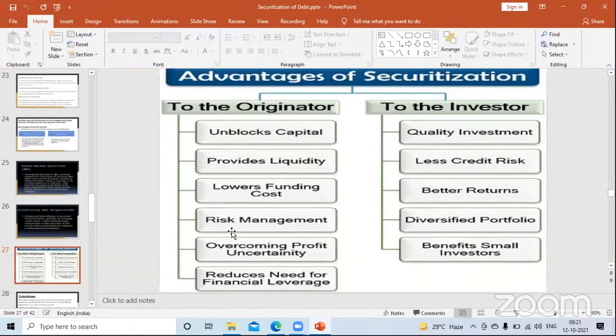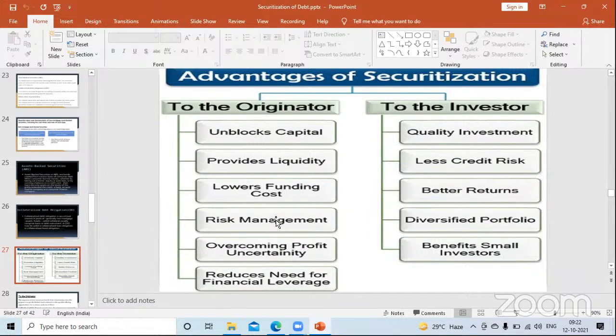Next, risk management. Risk can be managed easily because you have cash now. You can manage your risk very easily. Why? Because now you have sold those assets to somebody else. Those assets are to be converted into securities by that particular institution, which is known as SPV, special purpose vehicle. Now they will look after that particular asset. In fact, these assets are converted into securities so that they can be sold and traded in the secondary market.